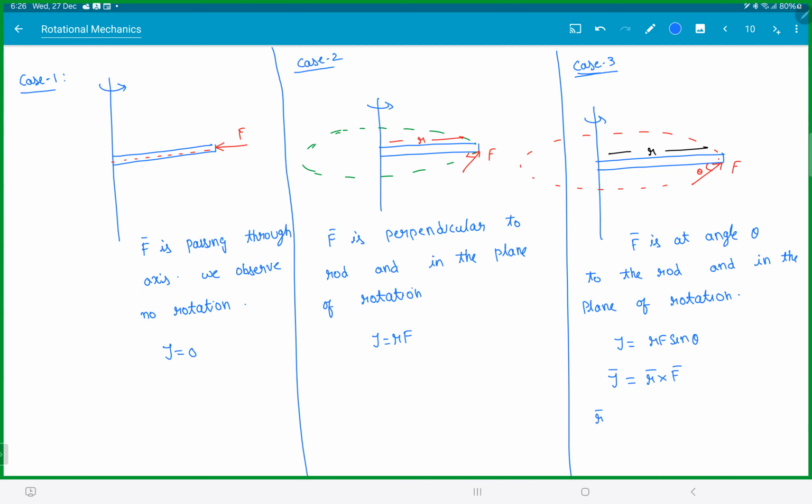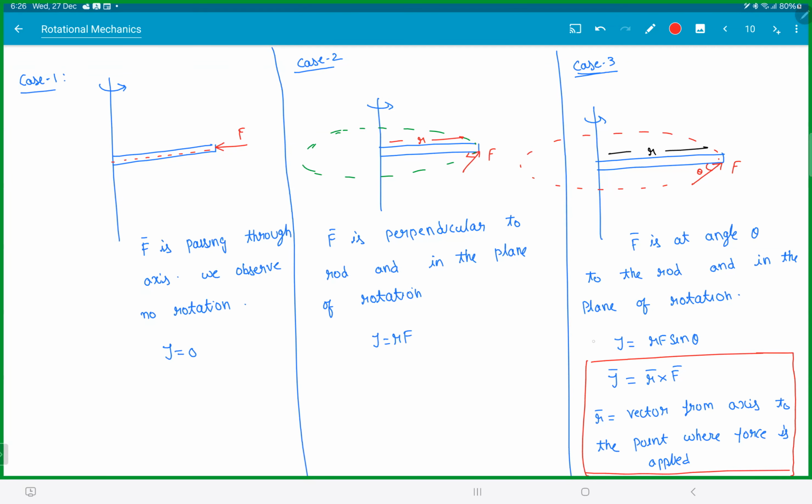Important thing here, R bar is a vector from axis to the point where force is applied. This is an important trick. Most people goof it up. The moment they see R bar, they think it is a position vector. R bar is not the position vector.